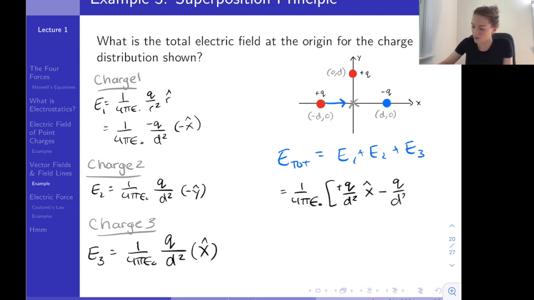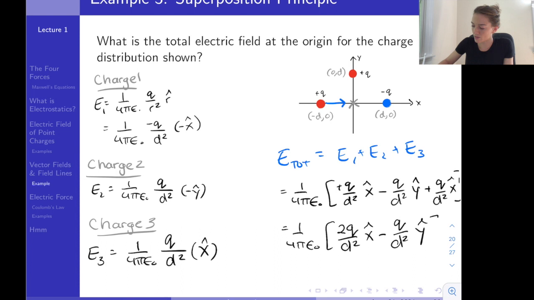Then minus q over d squared in the y hat, and then plus q over d squared in the positive x hat. So we can add up our x components here. So overall we get 1 over 4 pi epsilon naught, 2q over d squared x hat, minus q over d squared y hat. And that's our total electric field now at this point.